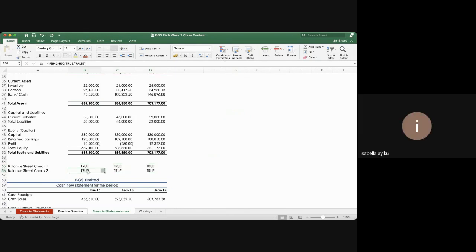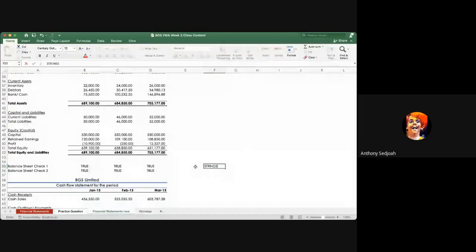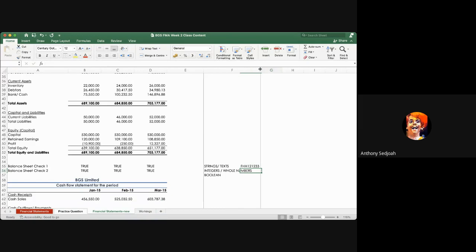Yes. So the difference is that there's something called data types. We have strings or text, we have integers or whole numbers, and we have Boolean. Strings or text, you know already: alphabets mixed with numbers and all that. Integers or whole numbers are like 1, 2, 3.